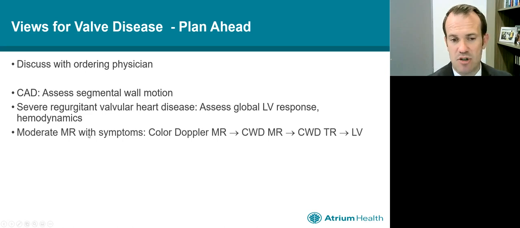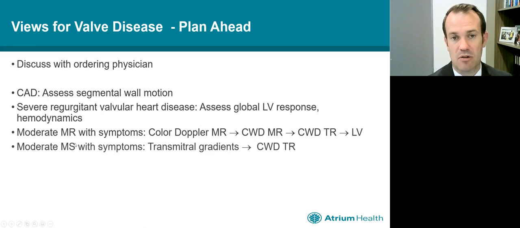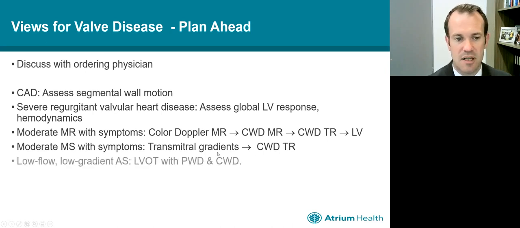If it's moderate mitral regurgitation with symptoms, we're going to be looking at that mitral regurgitation followed by the tricuspid regurgitation, looking at the estimated pulmonary pressures, and then the LV response. We want to see if that MR gets worse. Similarly, with moderate mitral stenosis with symptoms, we're going to be looking at those mitral gradients first, followed by assessment of TR.